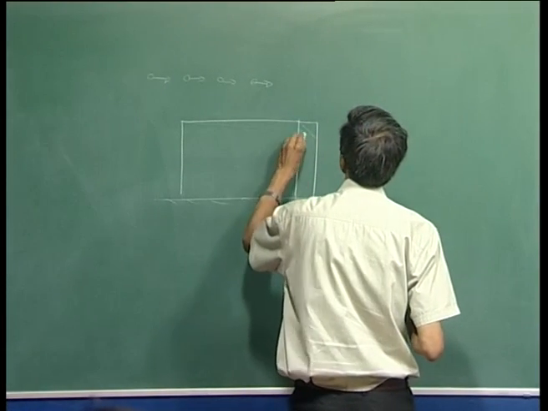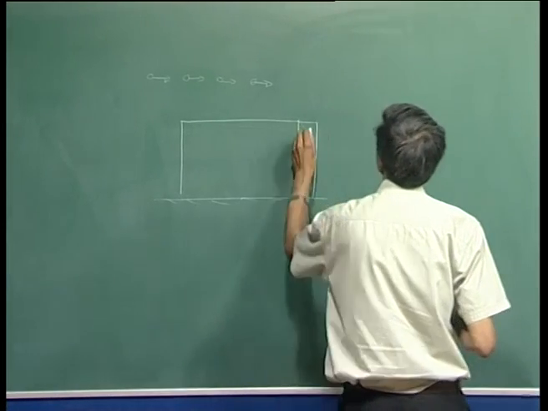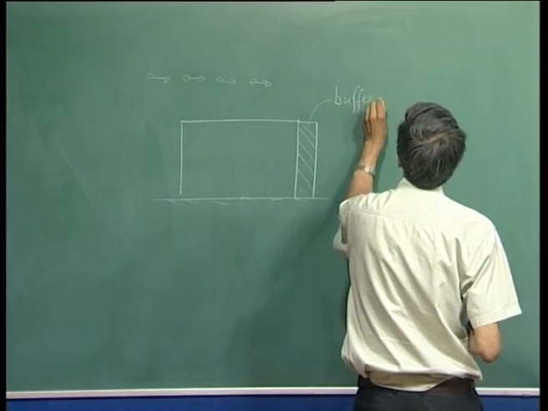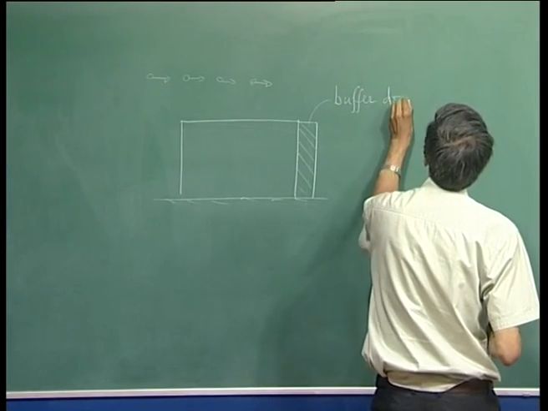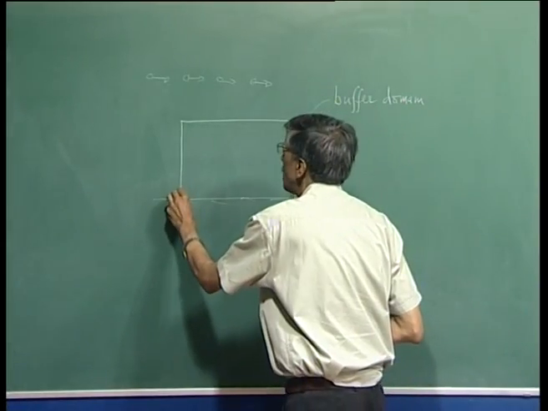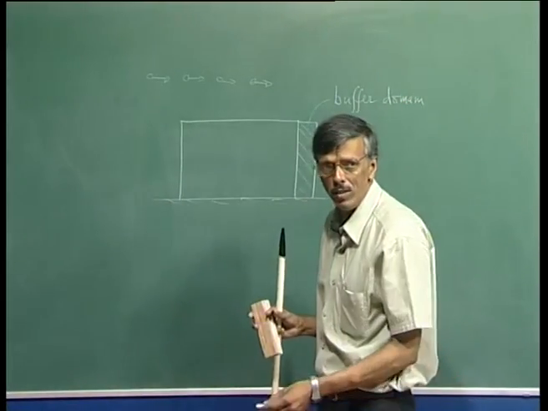So, this is the buffer domain, and what kind of spacing would you require?